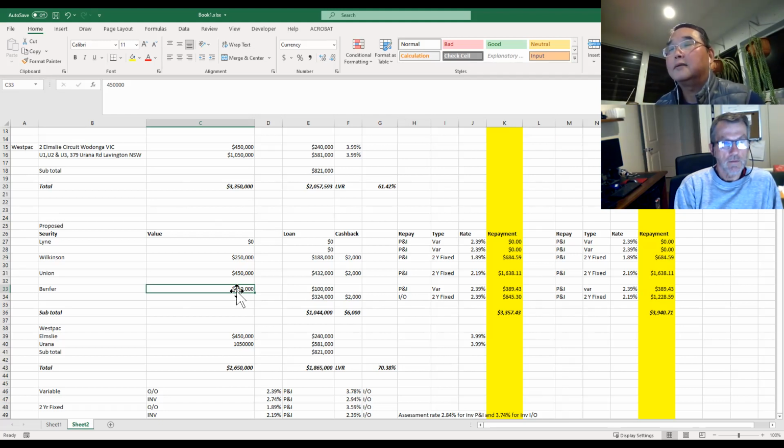Then the application itself is quite, there is some information which is not critical, like the home contents worth, vehicles. Those are not critical.